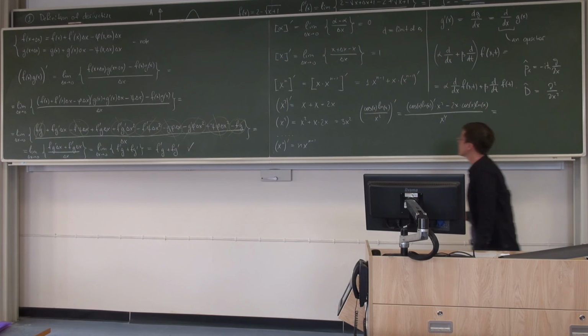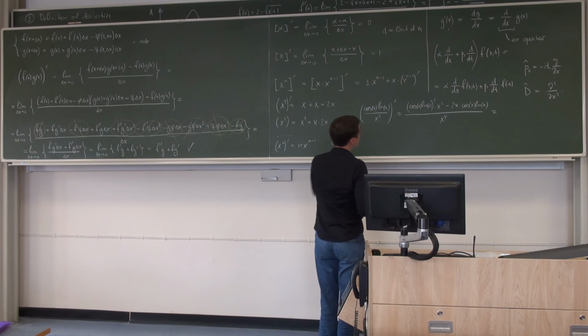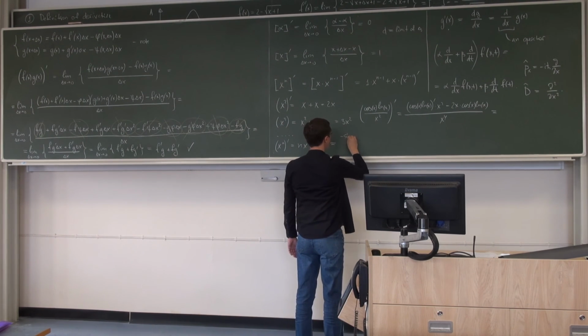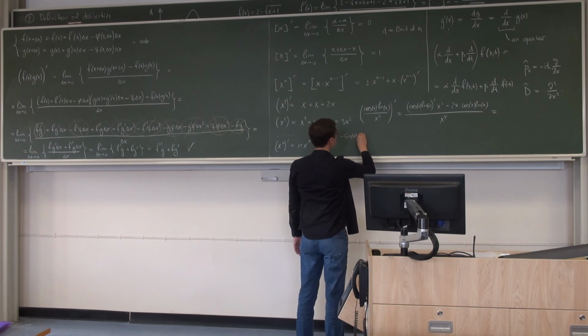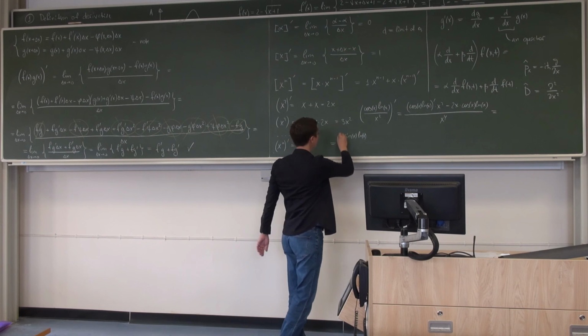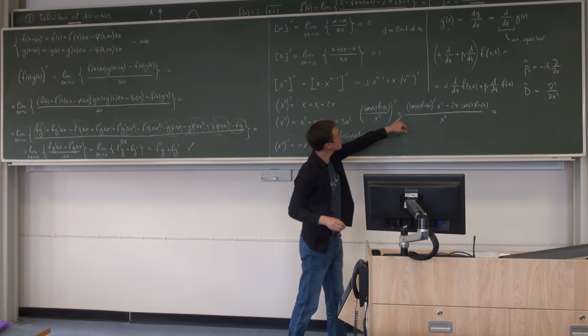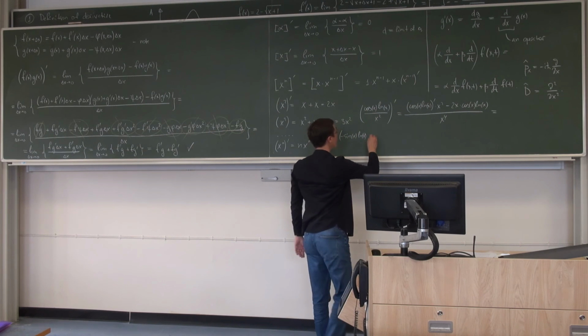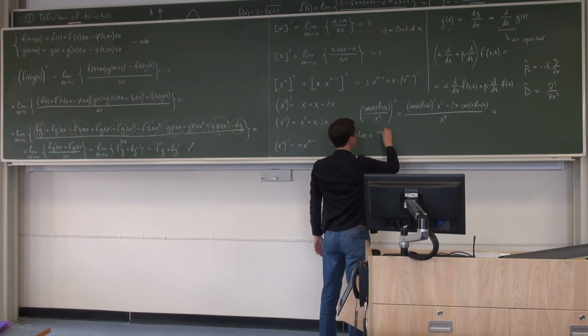So what we have here is the derivative of a cosine is minus sine times log x. So that's the first term in the product rule. Second term in the product rule is cosine times the derivative of log. The derivative of a log is 1 over x. So plus cosine x over x.